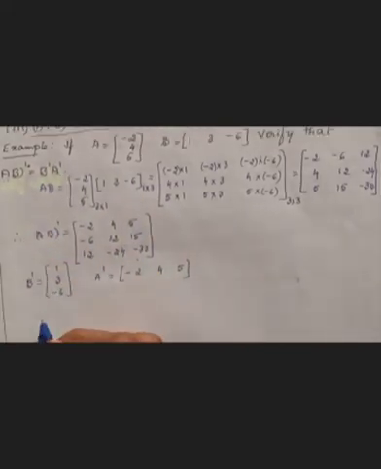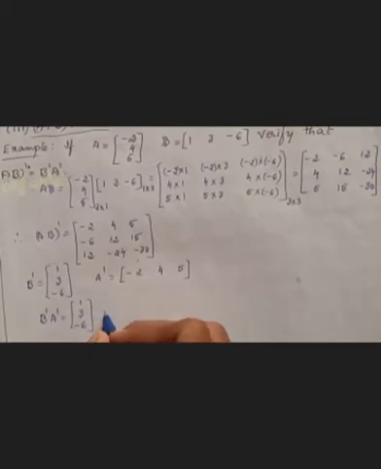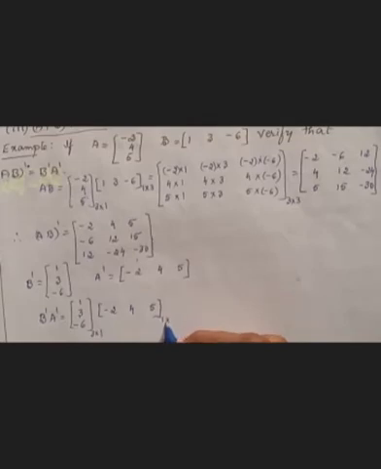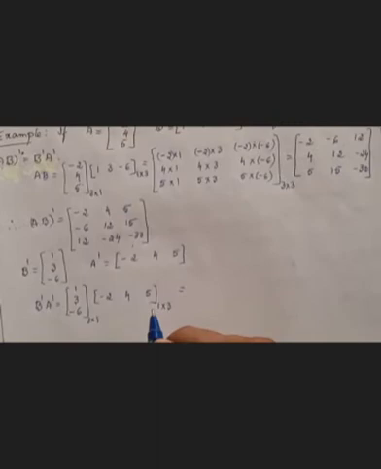Now we have to calculate B' into A'. B' is 1, 3, -6, and A' is -2, 4, 5. Again, B' is of order 3 by 1 and A' is of order 1 by 3. Therefore, the resultant matrix should be of order 3 by 3.